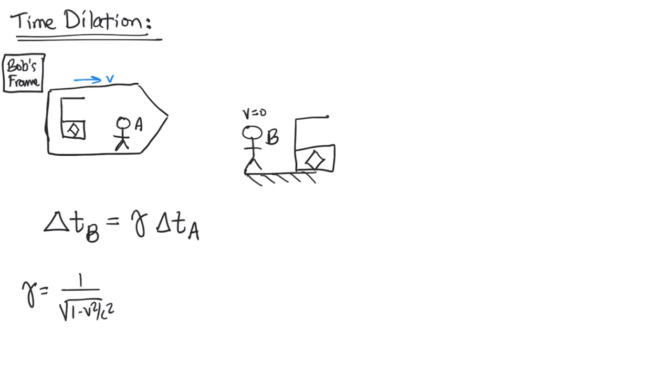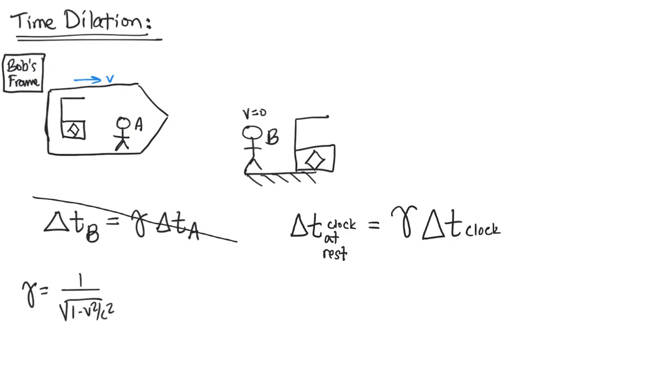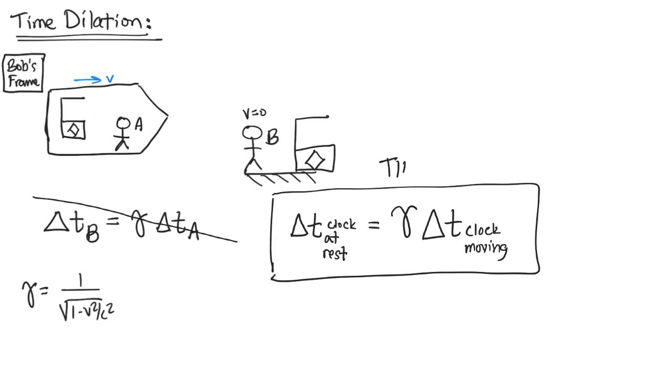So the general way to write this equation is not in terms of Bob and Alice, but rather delta T at rest, for a clock at rest, is equal to gamma times delta T on a clock that's moving. This is the time dilation equation.